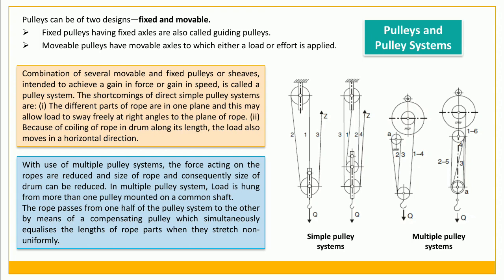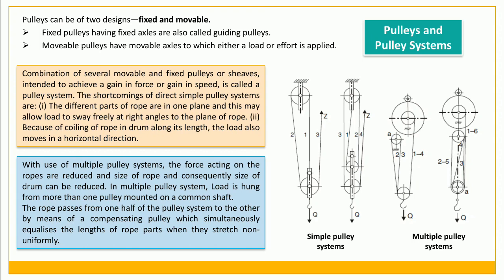Now the fixed pulley, having a fixed axle, is also called a guiding pulley, as it helps to change the direction of the flexible element. Then the use of each pulley increases the pull or effort on the rope because of the resistance offered by the pulleys. Pulley resistance arises out of the resistance of the rope to bending over the pulley and frictional resistance in the pulley bearing.